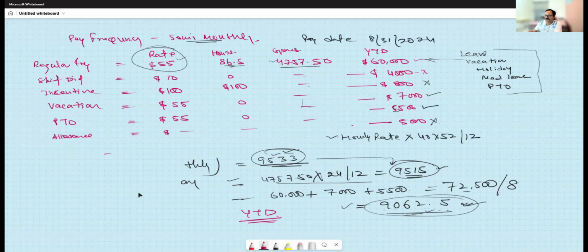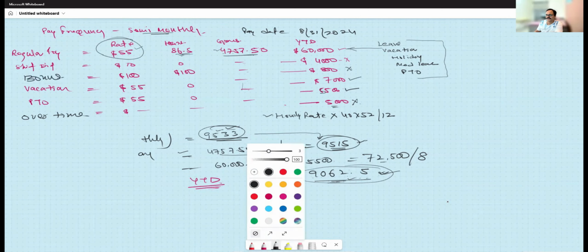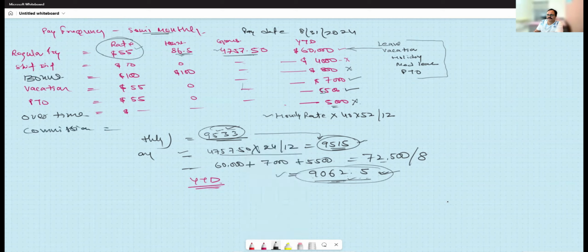Now, let's say the borrower has these components. Instead of allowance, the borrower has received overtime, and that is 5,000. Let it be 5,000. Instead of incentive, the borrower has received bonus, and the borrower has also received commission, and that is maybe $300 is the rate, and this time he earned $300, and overall he has earned maybe $1,200 in the last year.